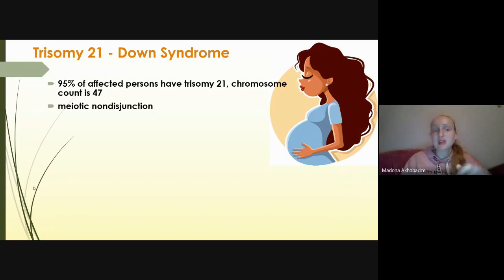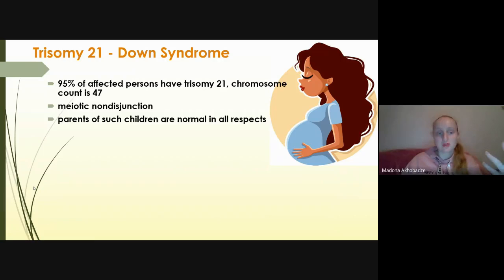Usually the trisomy arises through this non-disjunction, the chromosomes not separating equally. So if we have the 21st chromosome three times, in 95% of cases it gives us Down syndrome. Parents of such children are normal in all respects.